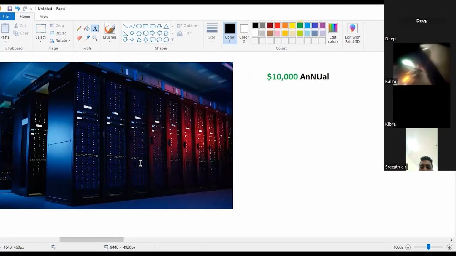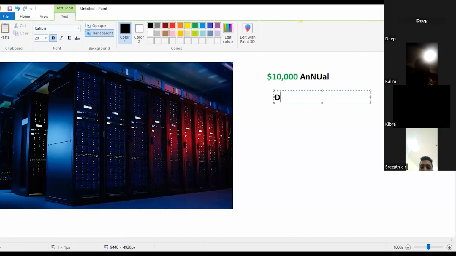For example, there is an organization with a server that is generating $10,000 annually as revenue, and let's say there is an unexpected failure, and because of that we are facing a downtime of 3 hours.